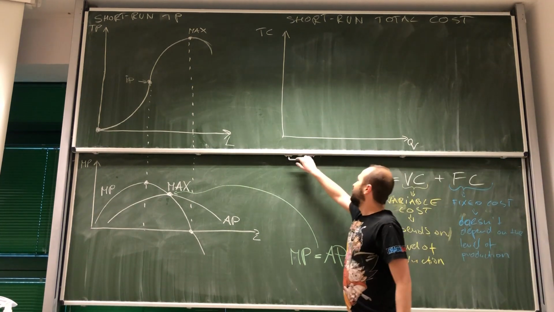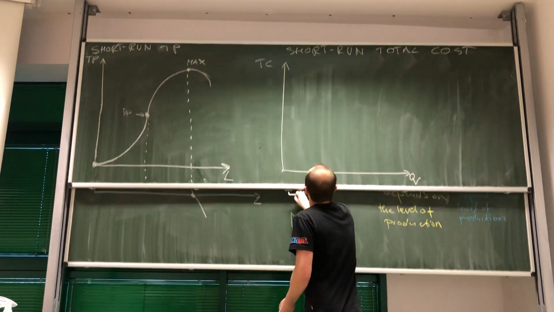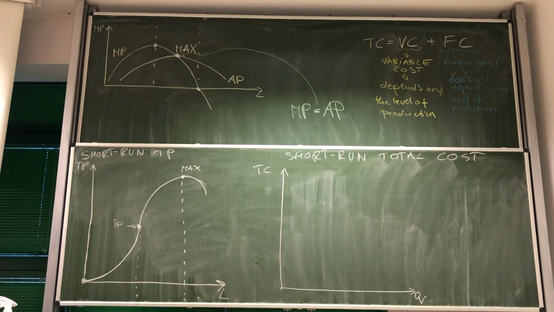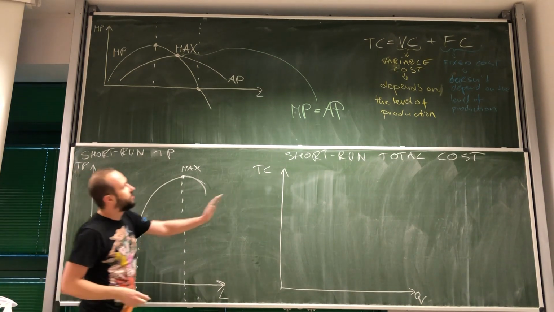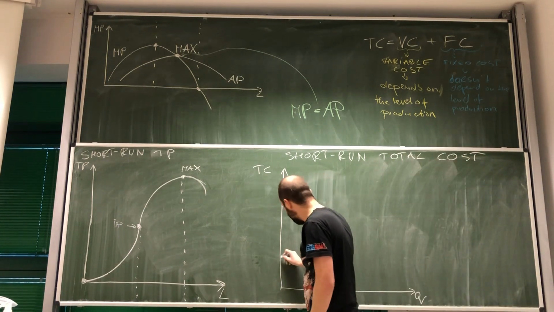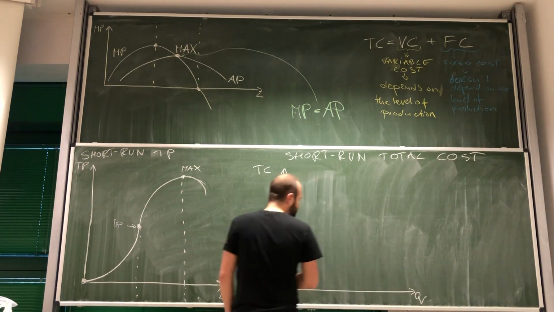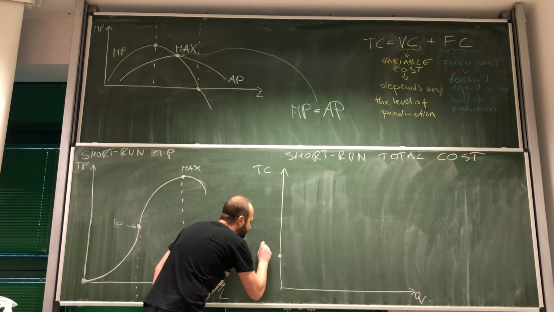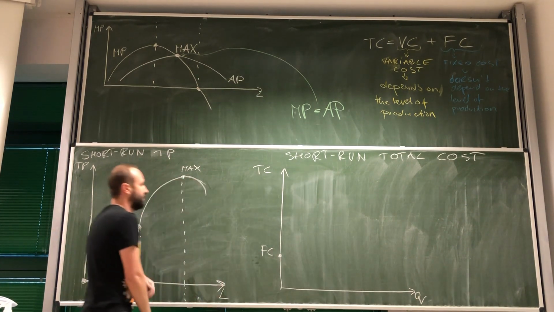Okay, so knowing this, how should I draw short-run total cost? Look, first, I should start with fixed cost. Because look, fixed cost is something we need to pay even if we do not produce, right? So I'm going to start with fixed cost over here.